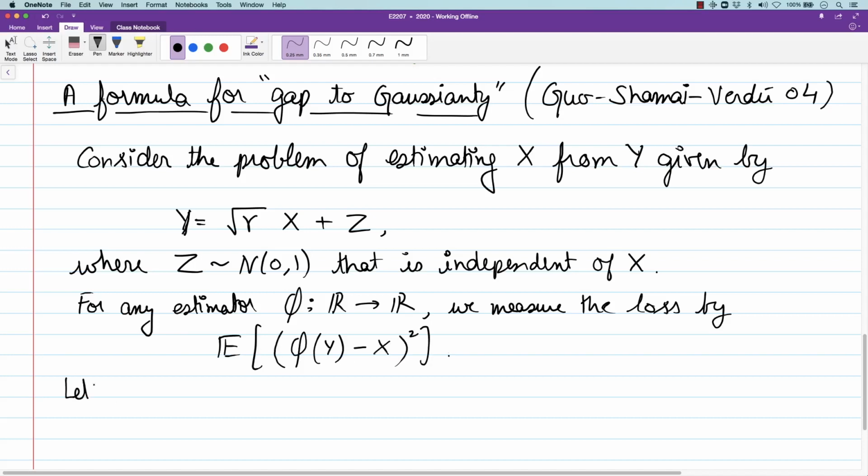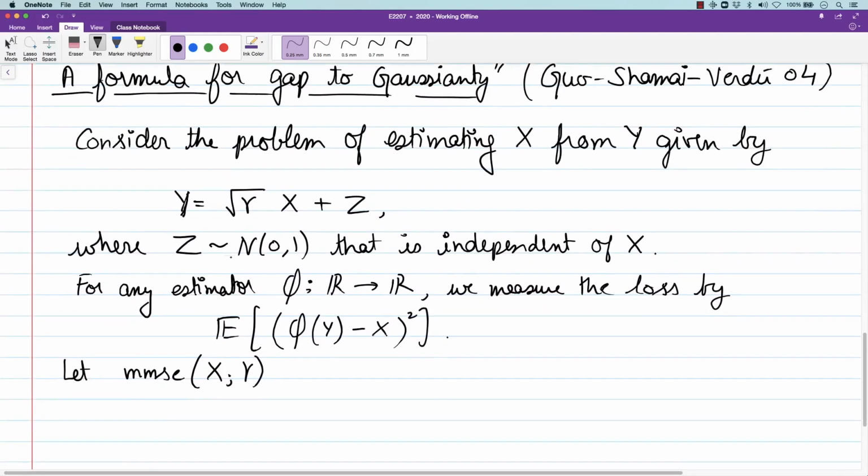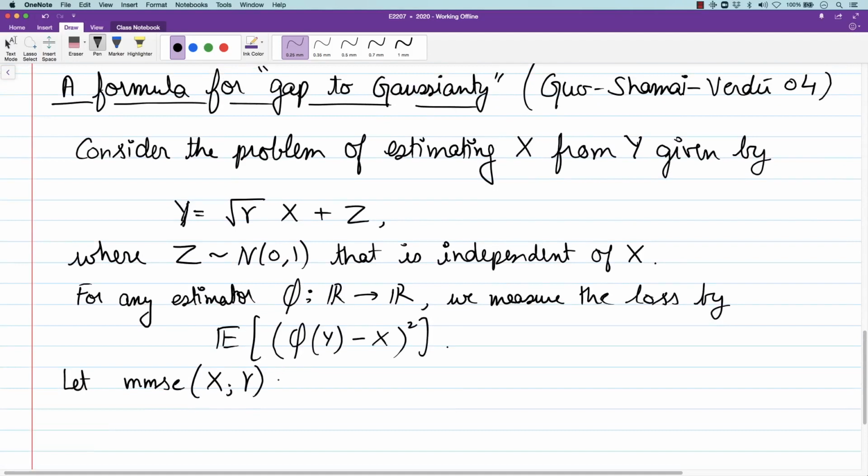Let MMSE denote the minimum mean square error for x when this strength here is gamma. This gamma denotes the signal to noise ratio, because the noise variance is 1 and the signal variance is gamma. We can assume x is zero mean. So this minimum mean square error is defined as the minimum over all phi of this quantity.